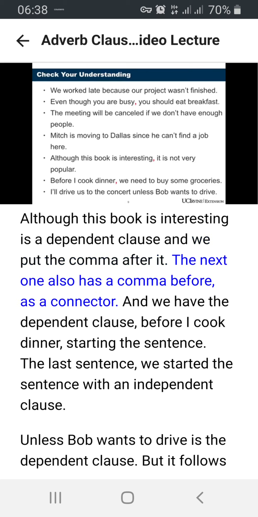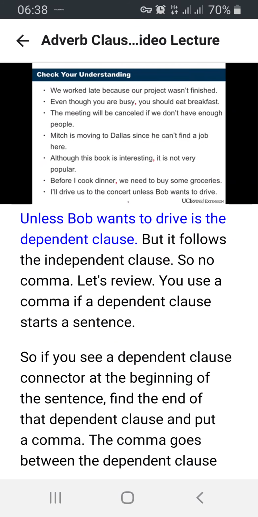The next one also has a comma. Before is a connector, and we have the dependent clause before I cook dinner, starting the sentence. The last sentence, we started the sentence with an independent clause. Unless Bob wants to drive is the dependent clause, but it follows the independent clause, so no comma.